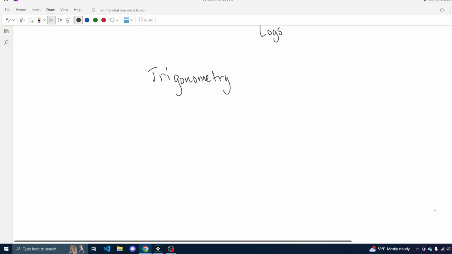And trigonometry is the study of ratios. And so if we have some theta here, then we can do... sorry, this should be hypotenuse, not adjacent.